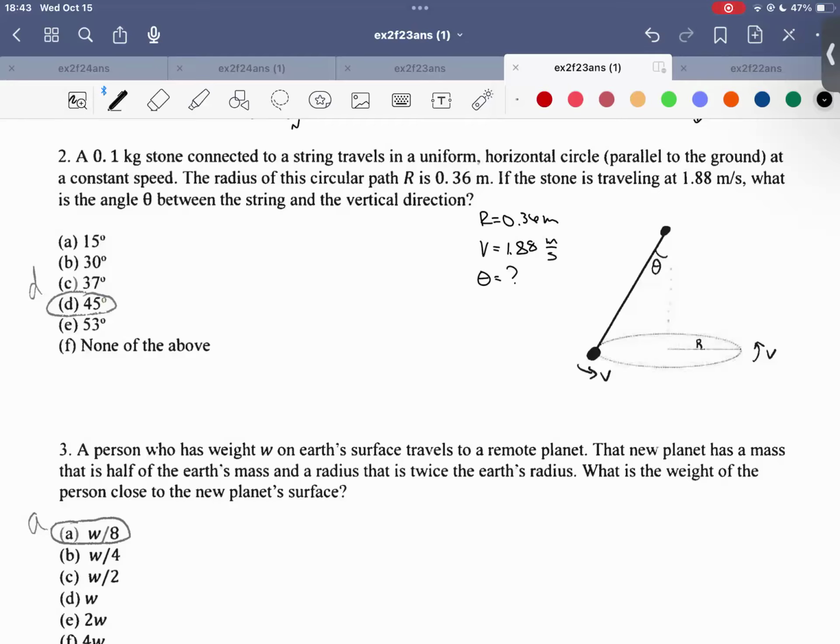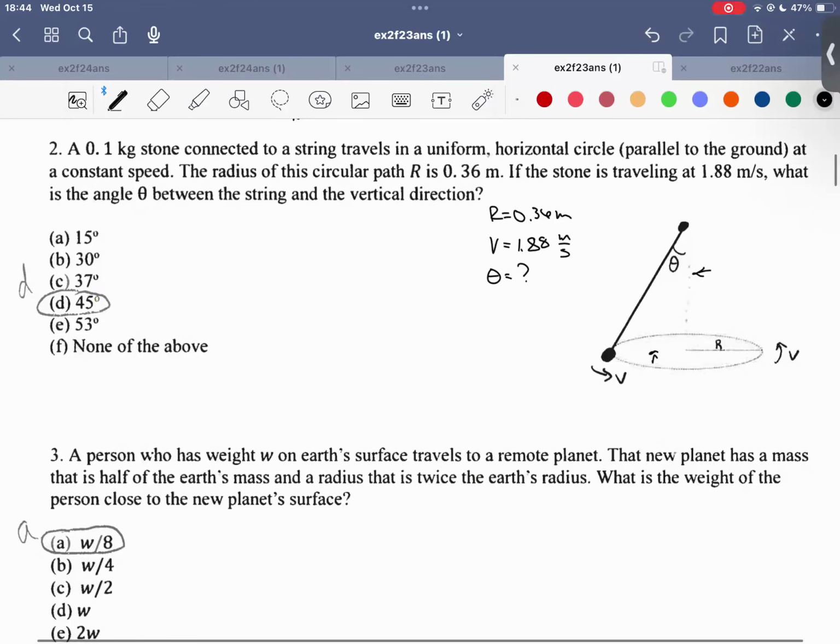So this one is going to use our mv squared over r. And then you're going to split this into two components, an x and a y.